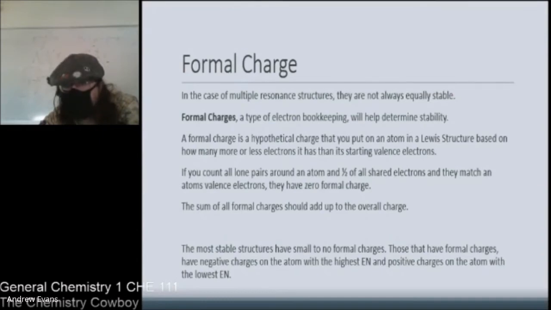If we have to have a formal charge, we will want to put the negative charges on the atom with the highest electronegativity and the positive charges on the atoms with the lowest electronegativity, if that is possible.